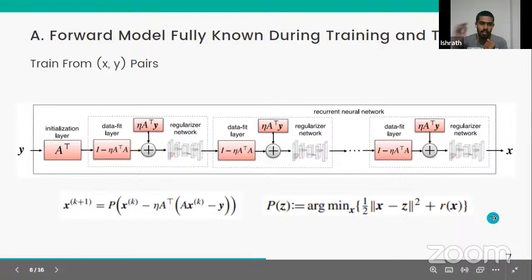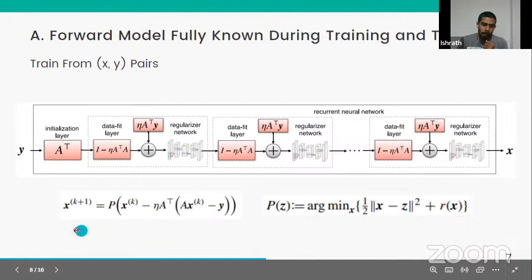The next architecture is trying to mimic gradient descent with proximal mapping. Let me quickly remind what gradient descent and proximal mapping are. In iterative solvers, this is the equation for a gradient descent based iteration.